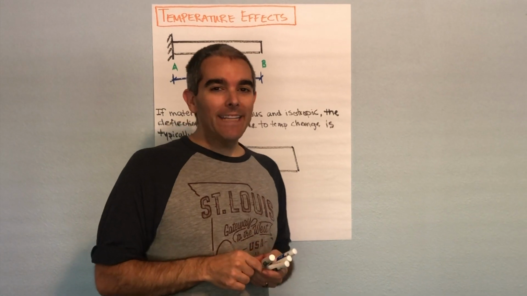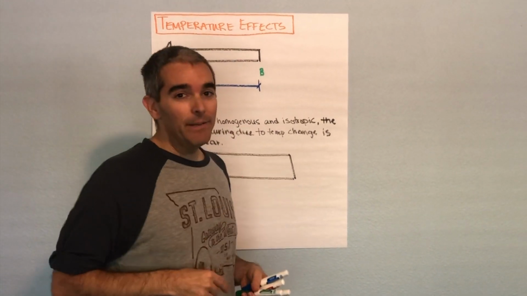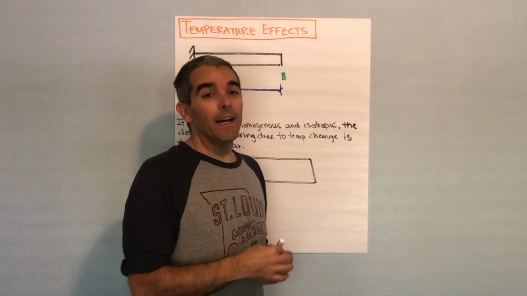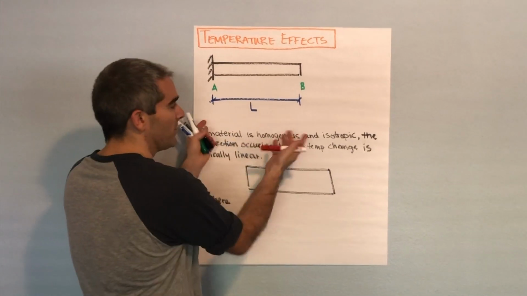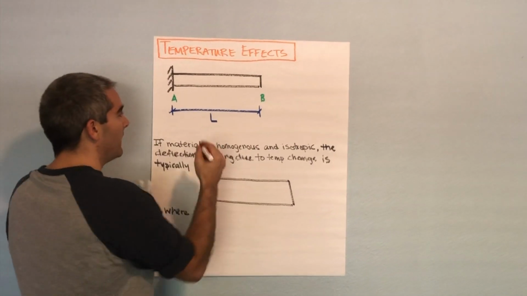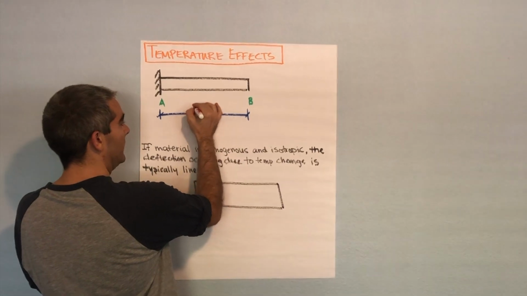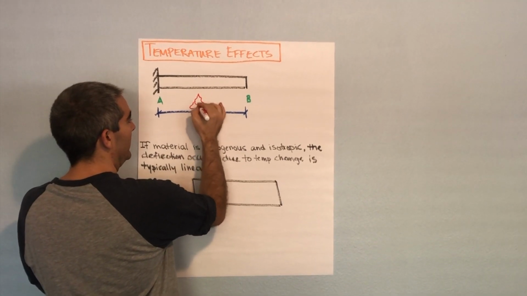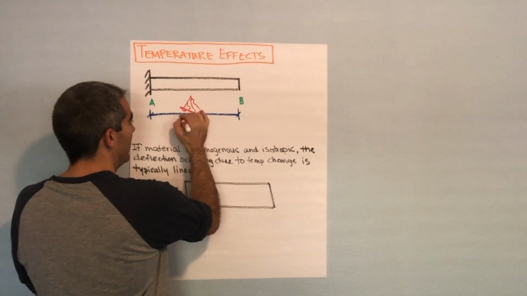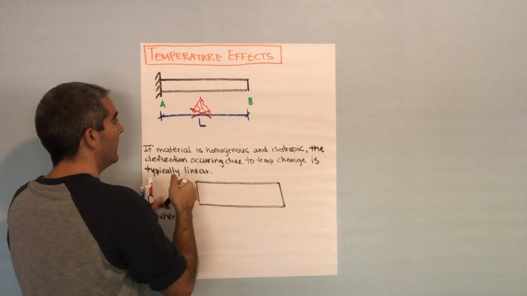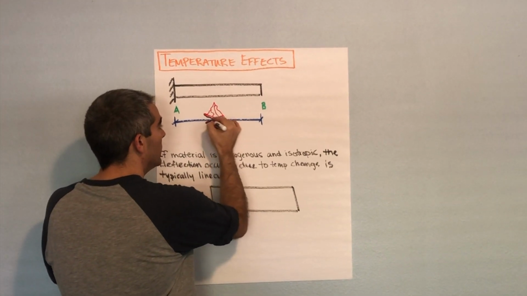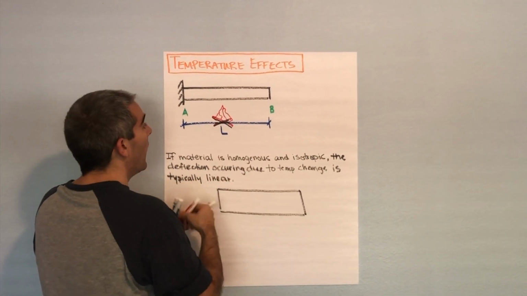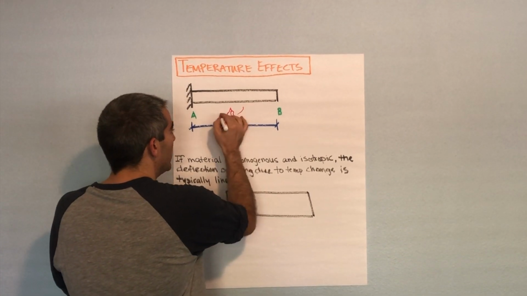Let's draw a free body diagram for this beam that has a temperature effect applied. So what does the temperature effect look like? I think it looks something like, let's say a little fire here. So let's set our fire up here, and we're slowly going to heat this up.